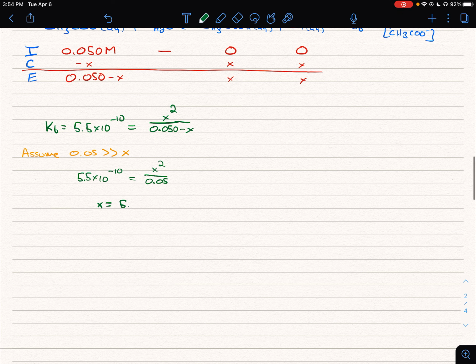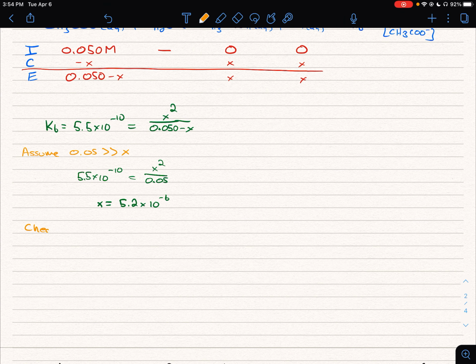I'll let you do the math. You can pause the video and do that. I got 5.2 times 10 to the negative 6th equals x. If you make an assumption, we need to check it. So to check it, we're going to do a ratio of 5.2 times 10 to the minus 6 over 0.05 times 100, and that is 0.01, which is less than 5%. So our assumption is valid.